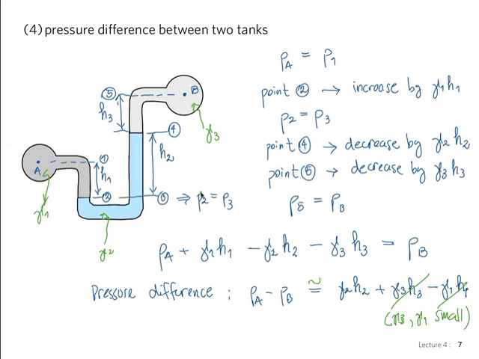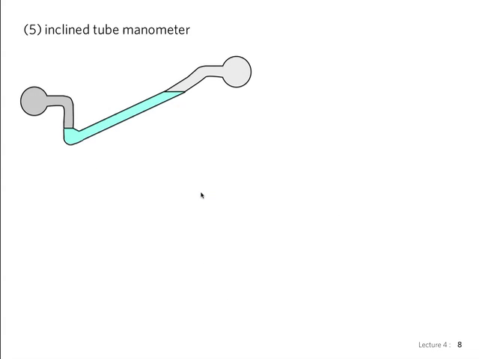And the last one is the inclined tube manometer. It's the same as the previous one, exactly the same. The only difference is that this U-tube is now inclined a certain angle, and this is used to measure when you have very small pressure changes.